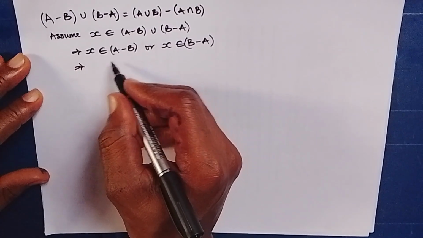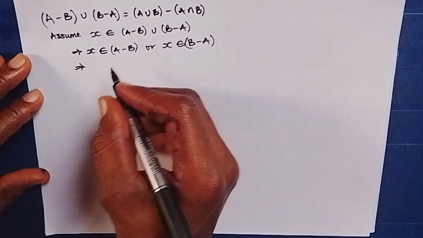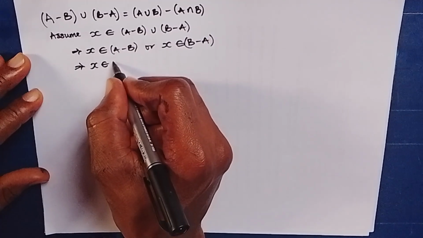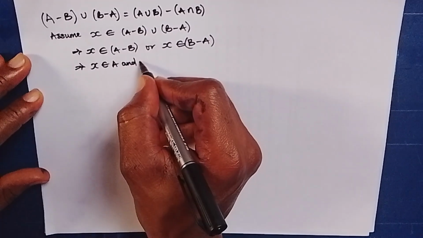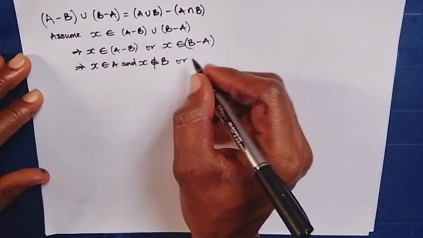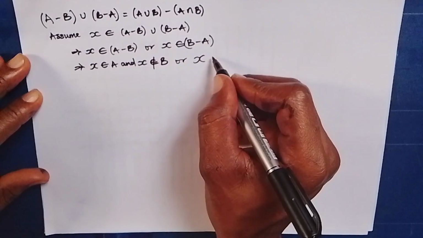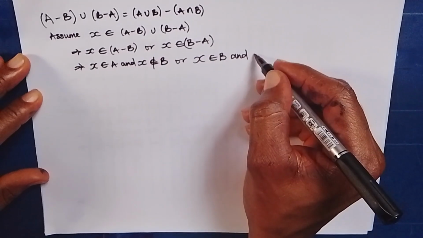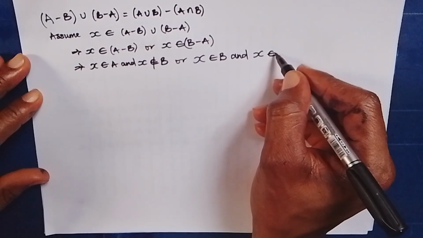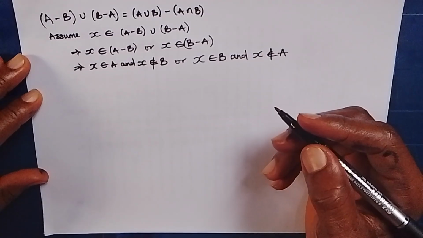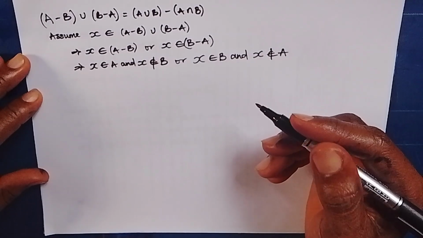Remember that minus means that x is a member of A but not of B. So we say x is a member of A and x is not a member of B, or x is a member of B and x is not a member of A. I don't believe I'm about to say we collect like terms, but that's akin to what we do here.